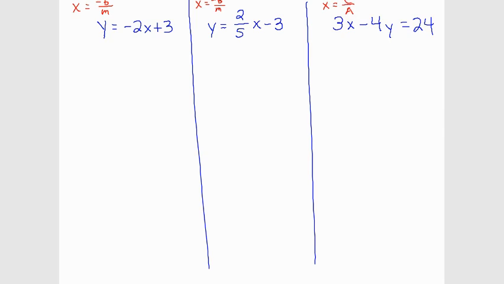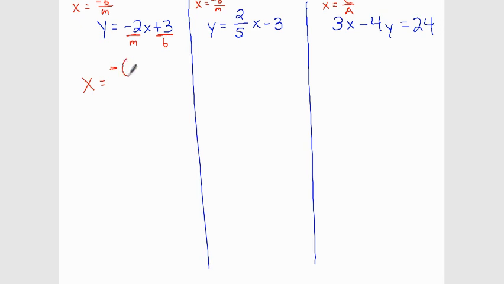So without using algebra, just by using the formulas that we've derived, let's go ahead and try these out. Okay, so you have to know what's m and what's b, obviously. So we have negative 2, that's m, and then the positive 3, that's b. So when I'm writing out this solution, I'm writing x equals a negative, because the negative is attached to the formula. We always start with a negative.